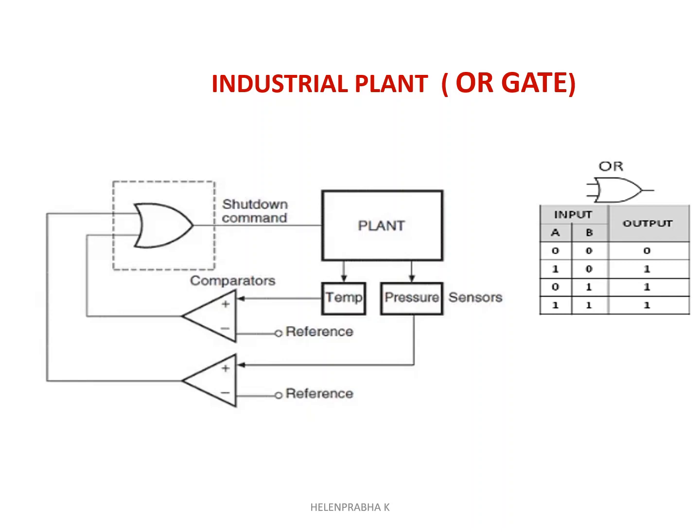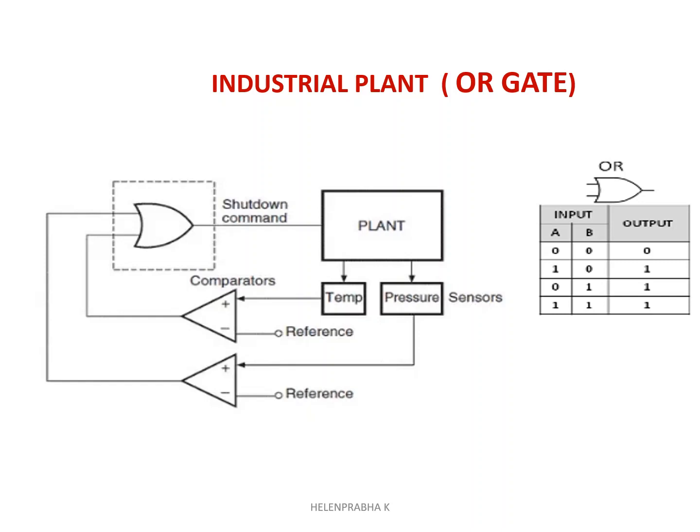One is a temperature sensor, another is a pressure sensor. The temperature sensor is the input of one comparator. Similarly, the pressure sensor output is the input of another comparator. The comparator has a reference. The temperature comparator compares with the reference level. If the level is higher, it will give input 1 to the OR gate.